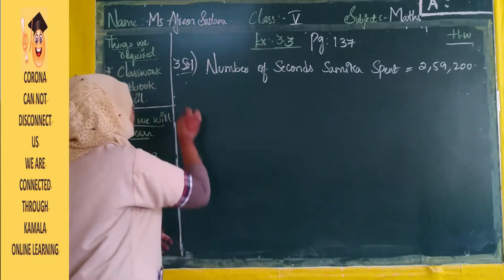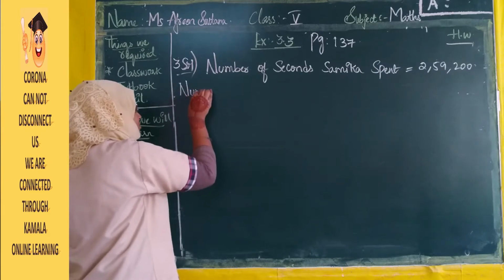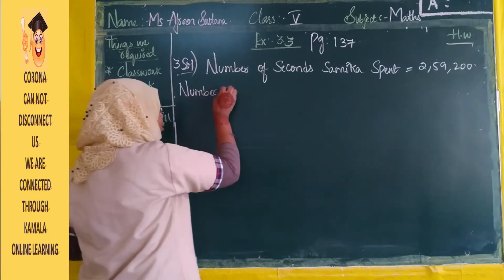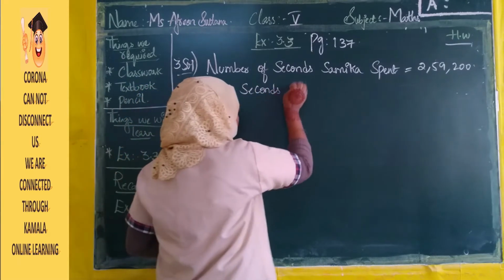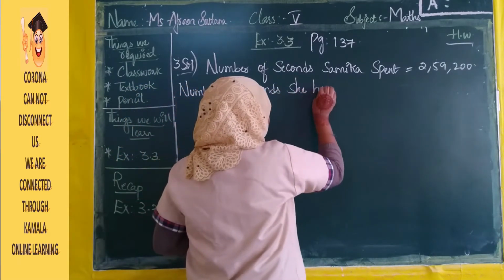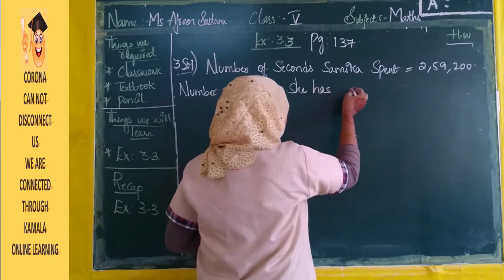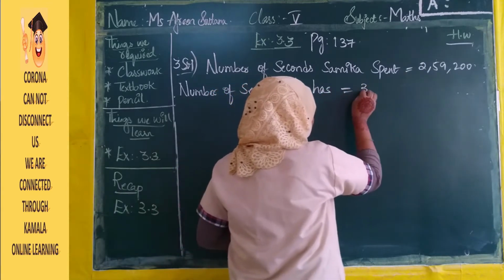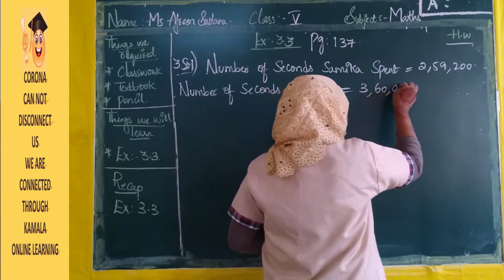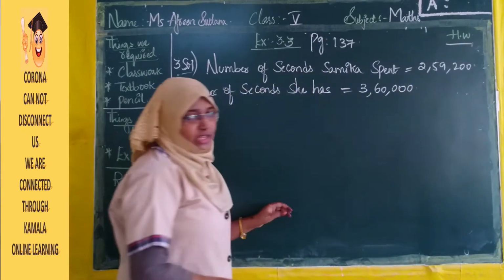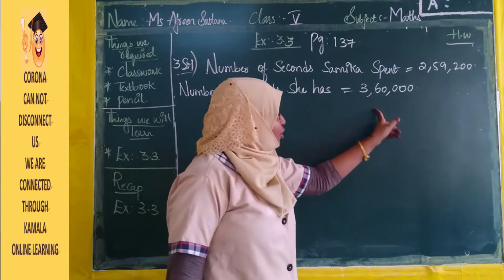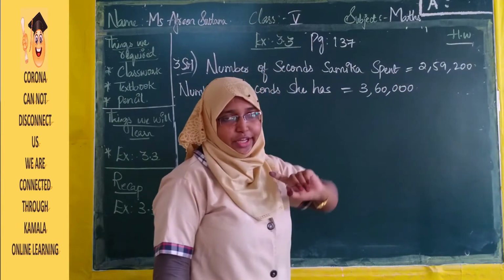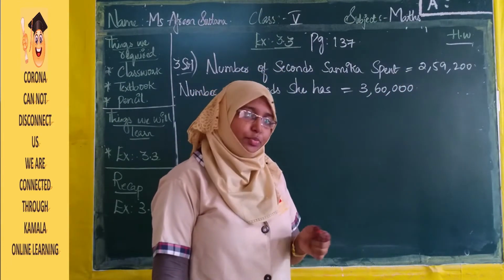Number of seconds she has. How many does she have? She has 3,60,000 seconds. She has been allotted 3,60,000 seconds, out of which she has used only 2,59,200 seconds to prepare the project.